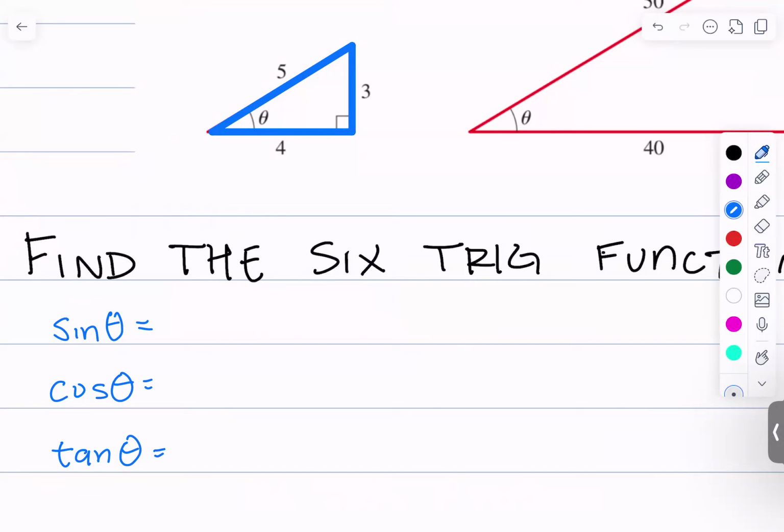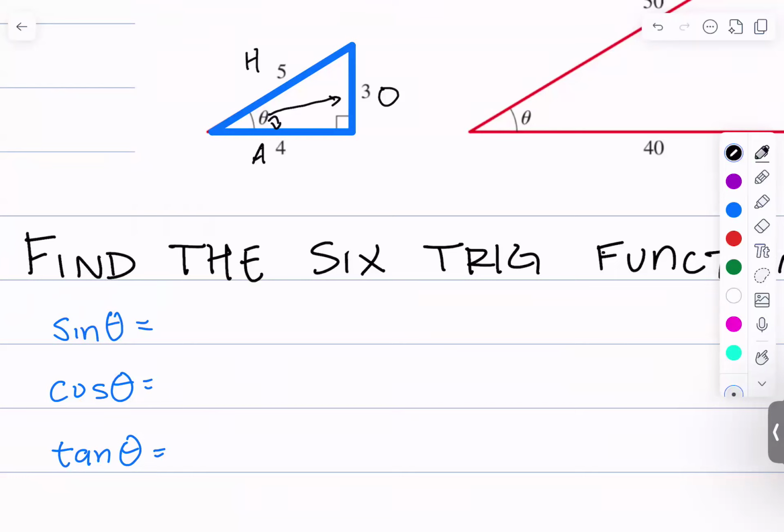In order for us to figure that out, the side opposite that angle is your opposite side, your longest side is your hypotenuse, and the side that's next to that angle is your adjacent side.